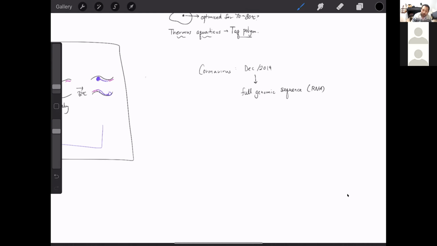And with that, we are able to make primers that are very specific to the coronavirus RNA.